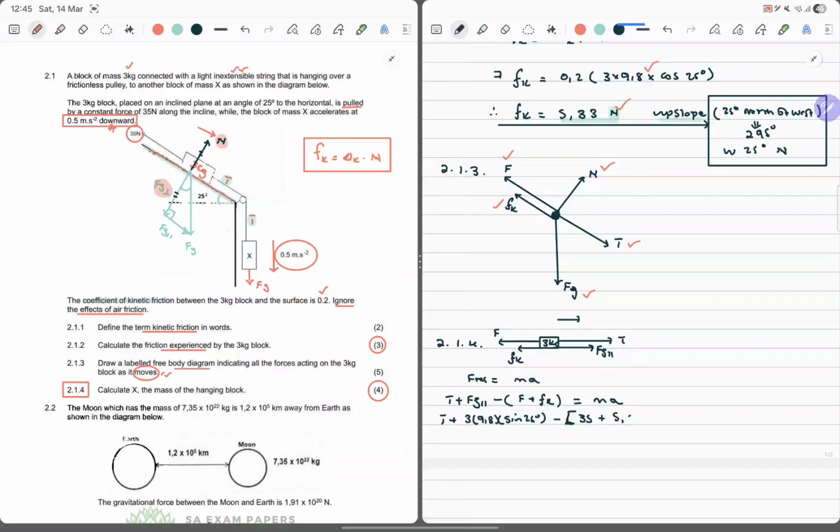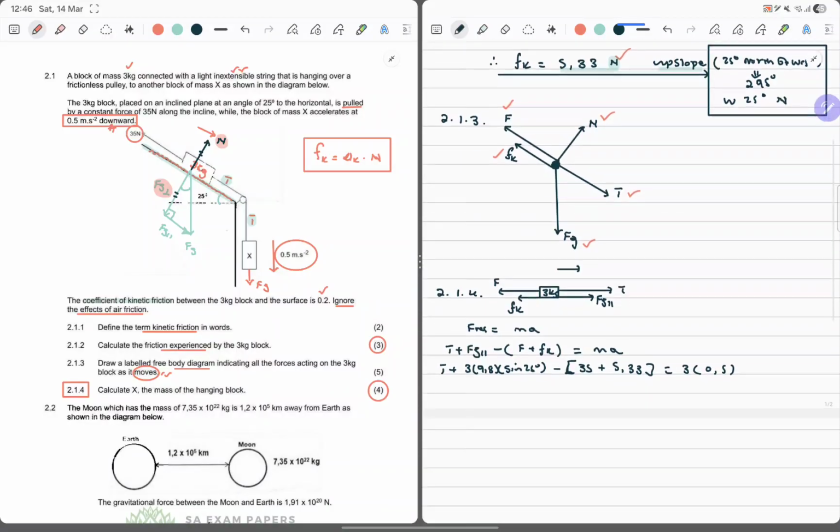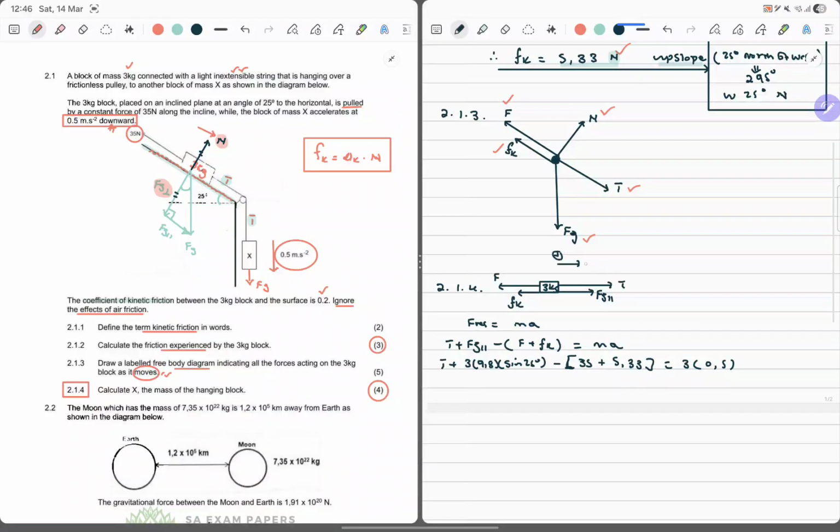So this is 5,33. So the examiner was a bit friendly as well. So this is 3 into 0,5. Of course, we are choosing the direction of motion as positive. Right. Now, folks, I can isolate the tension nicely.